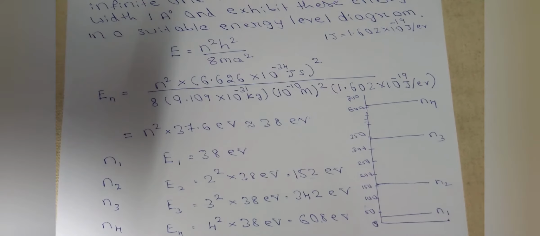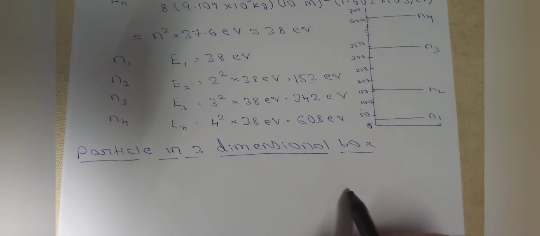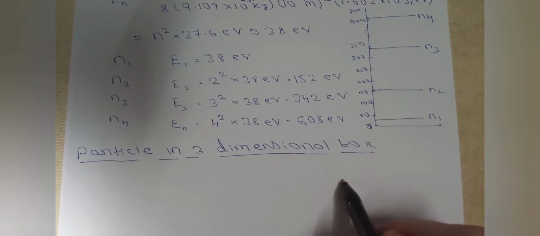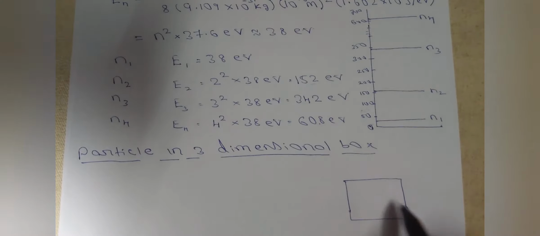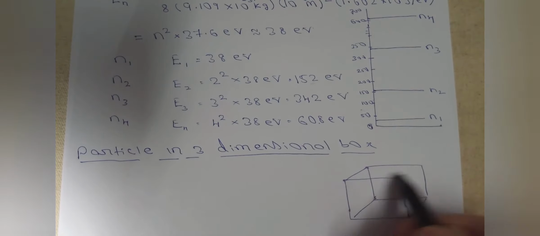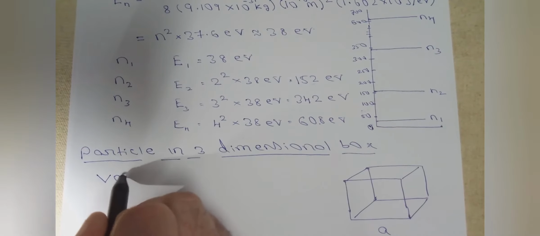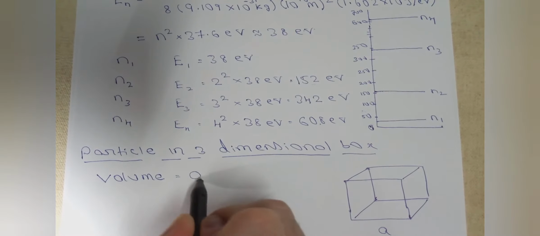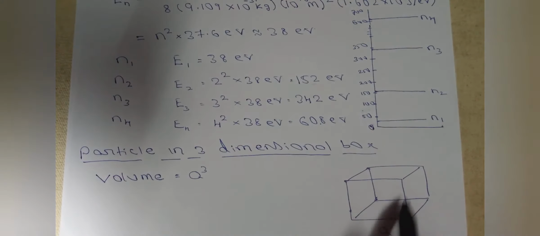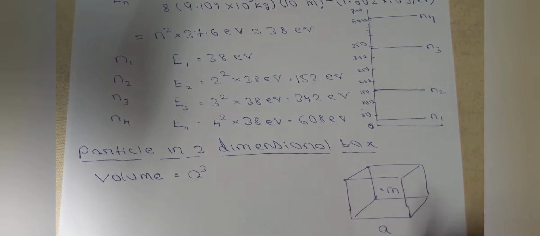Next, let us move to a particle in a 3-dimensional box. Now let us assume we have a 3-dimensional box over here, whose length is a, and therefore the volume of this box will be a cube, because length into breadth into height is a cube, and we have a particle here, and the mass of this particle is m.